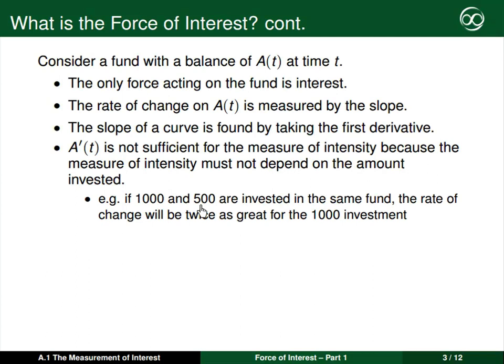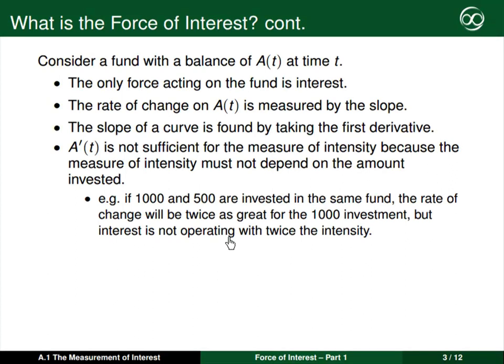But, this is the key point, interest is not operating with twice the intensity. They're both in the same fund, so the force of interest is the same for both the $1,000 and the $500 investment. The force of interest, the measure of the intensity of the fund at every moment in time, is exactly the same for both of those investments.